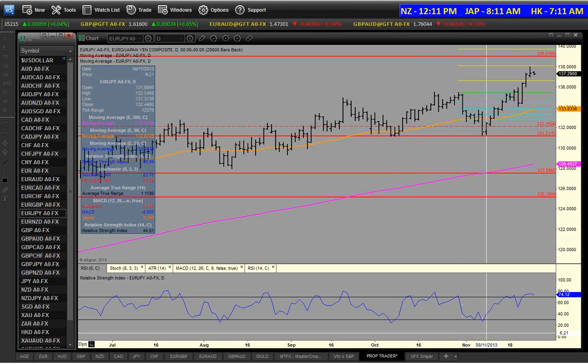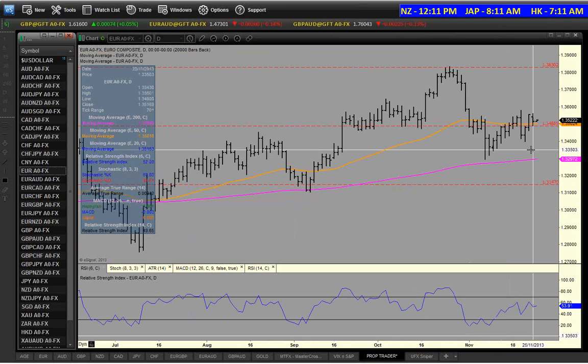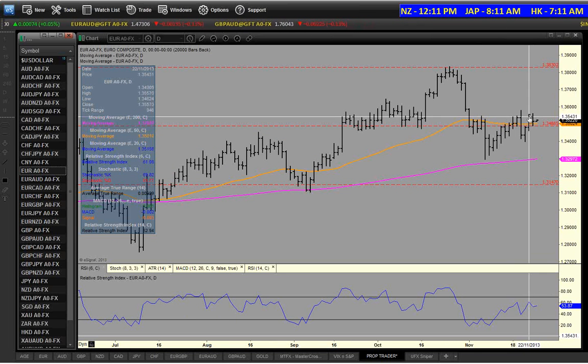I had an entry for Euro long daily, but removed as it was not triggered on the ring low. Is there an opportunity still on the daily? Well, that's not a higher high, higher low. 34.86.